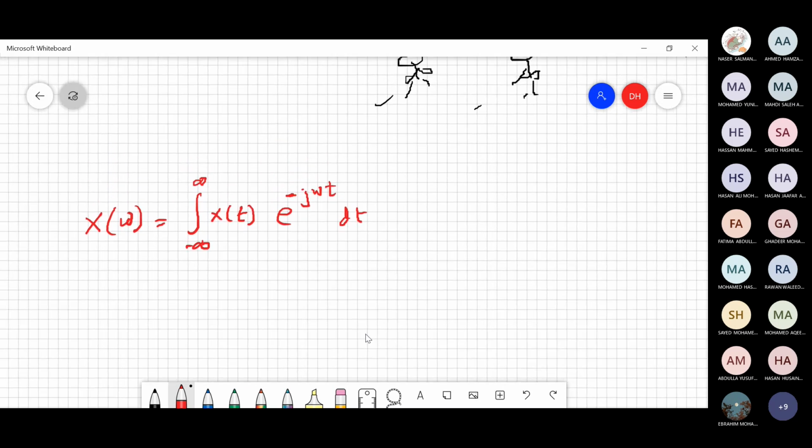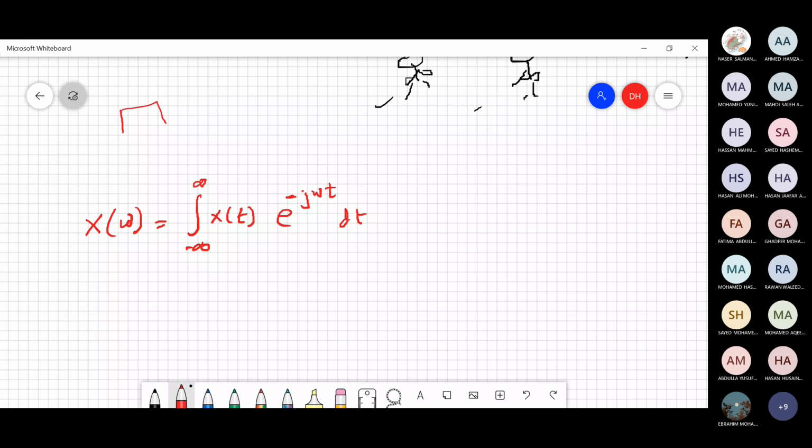Okay, and we have two things. So we have x of t here, and I want to change it to x of omega.